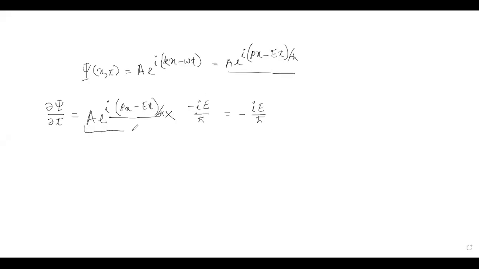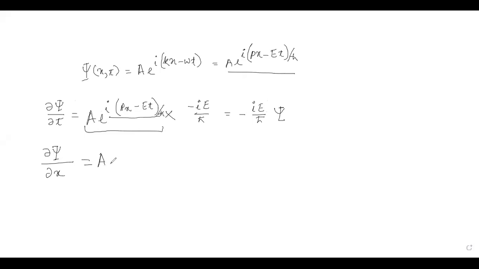And what is this whole term? This whole term is nothing but psi, capital psi. So when you differentiate this plane wave with respect to t, we get minus i E by h bar psi. Similarly, if you differentiate this plane wave with respect to x once, what will you get?